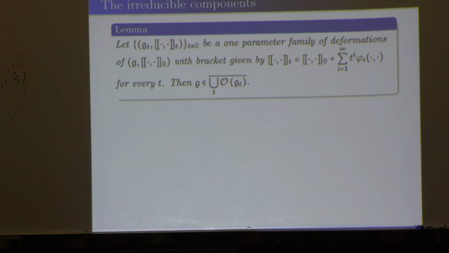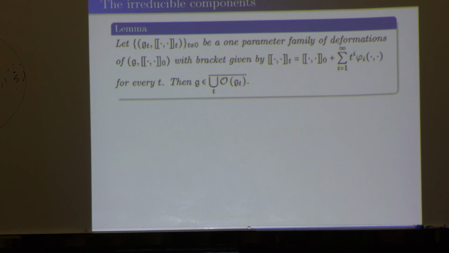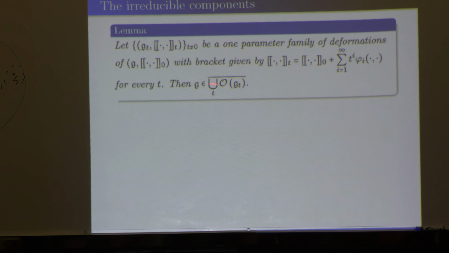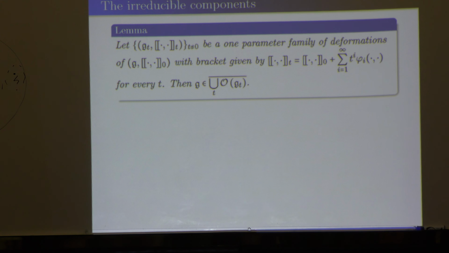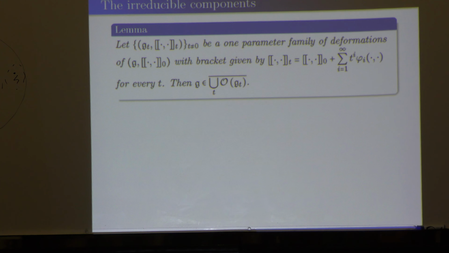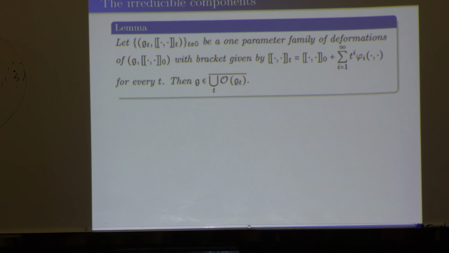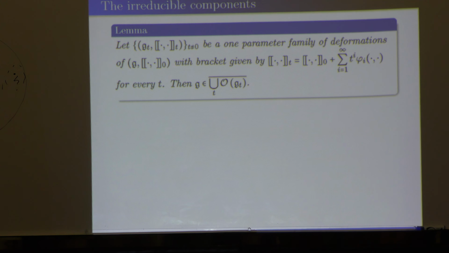In order to do that, we consider the following lemma. If we have a Lie superalgebra G and a family of deformations of the Lie superalgebra, then G lives in the closure of the union of the orbits of every deformation. It's like saying that G is a degeneration of all these Lie superalgebras.